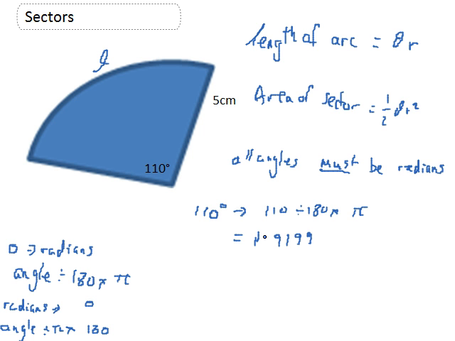Remember, I'm rounding my number to 4 dp, but when I use it, I'm going to use all the decimal places.